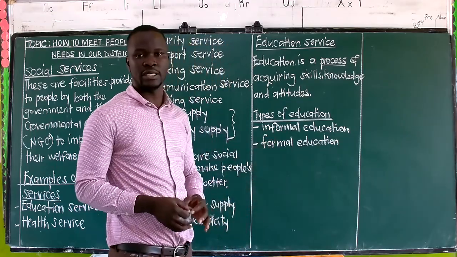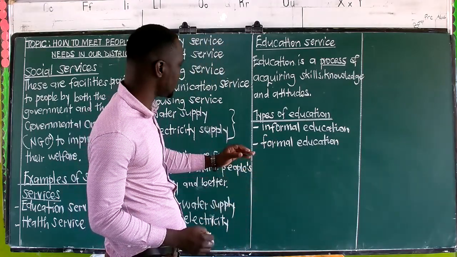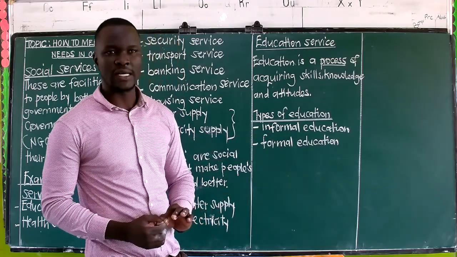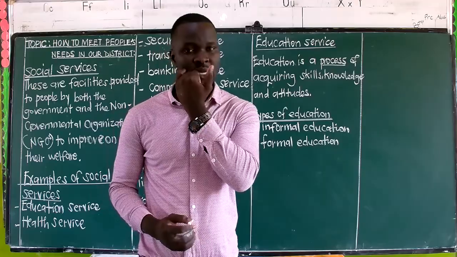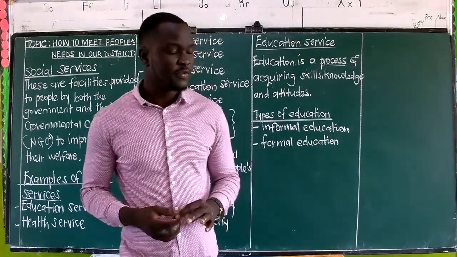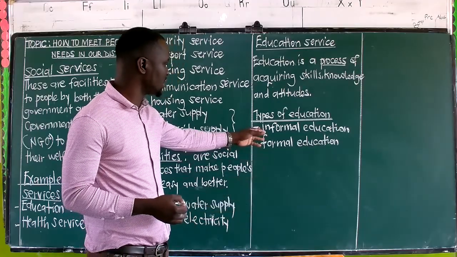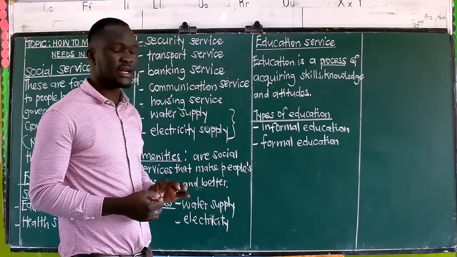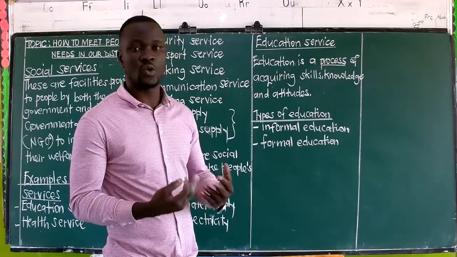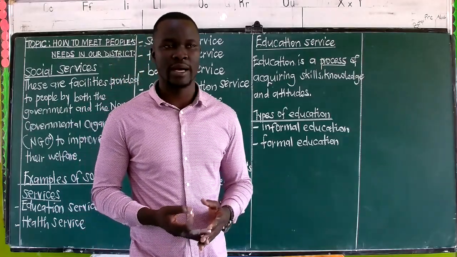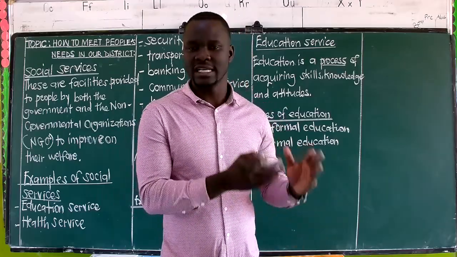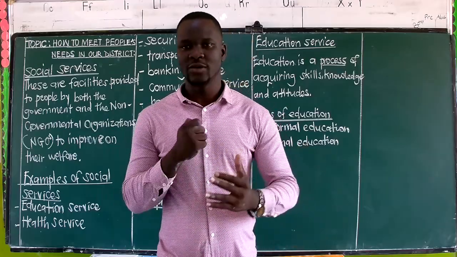Now, we are going to say that informal education was the type of education which used to exist before the coming of the missionaries. You could find that under informal education, children were taught at homes. There were no schools like today, whereby children go to school and meet the teachers there with other children and learn.